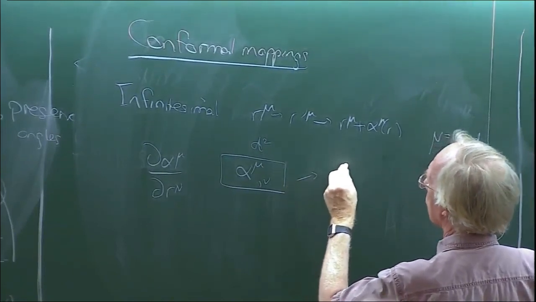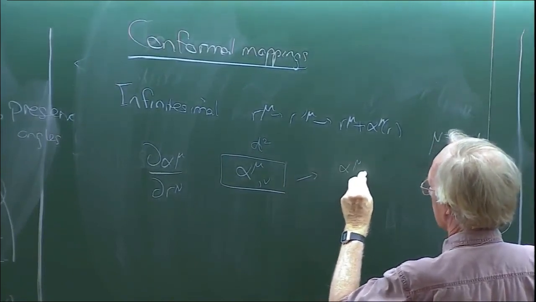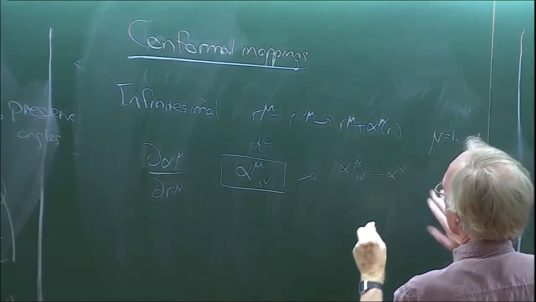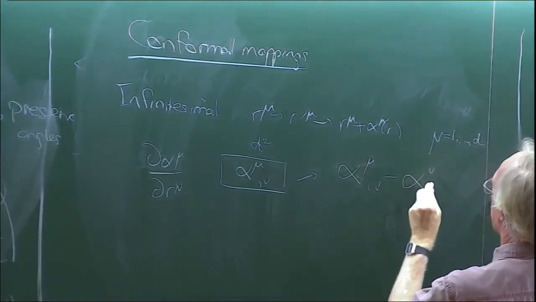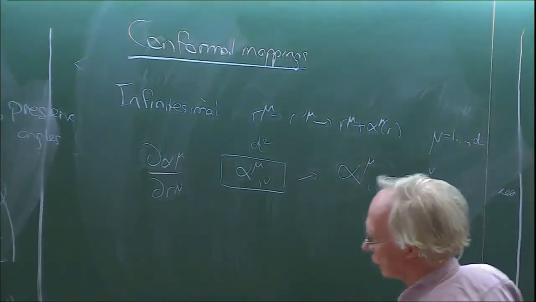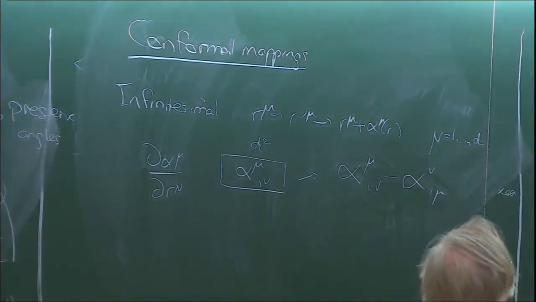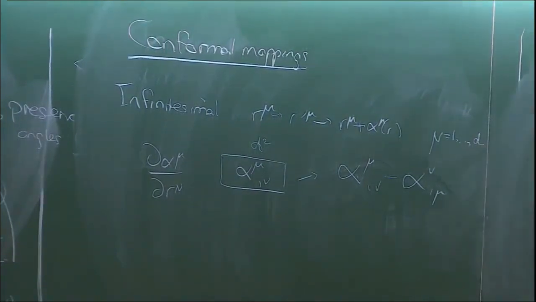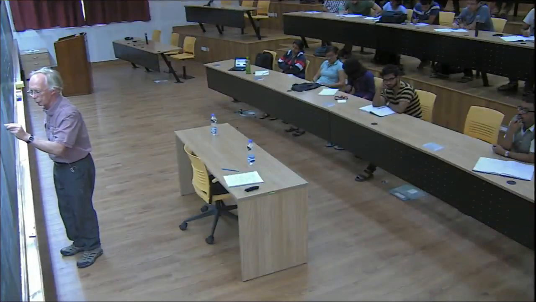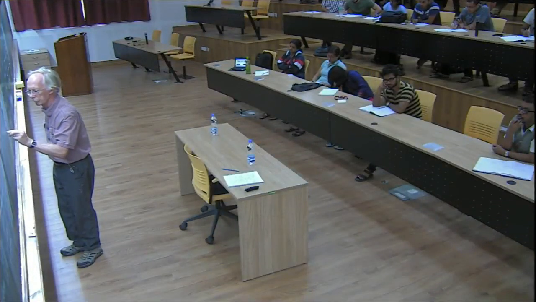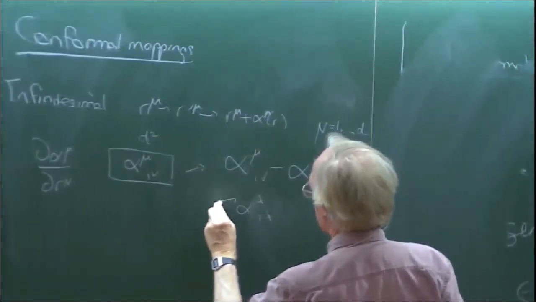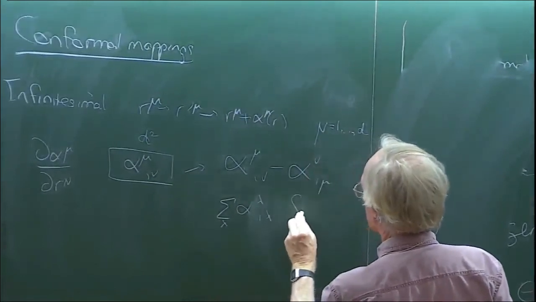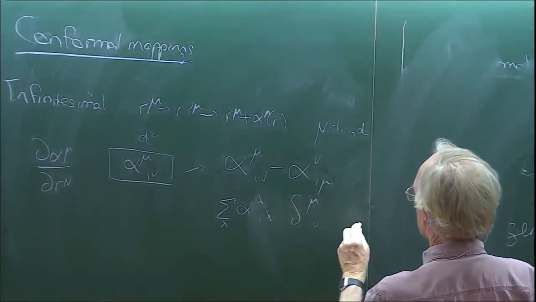But we can break this up into an anti-symmetric part. Okay, this is anti-symmetric. We can look at the part which is proportional to the trace, alpha lambda summed over lambda, delta mu nu.